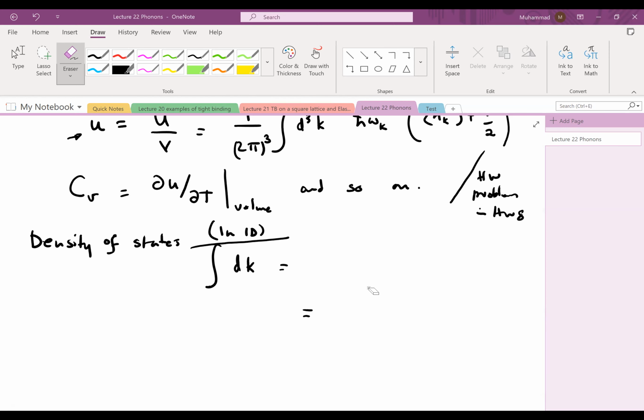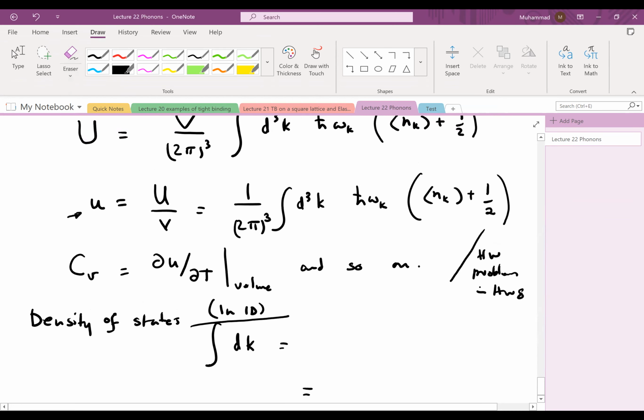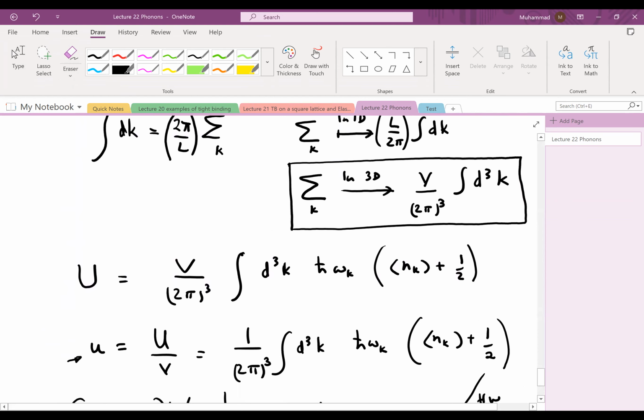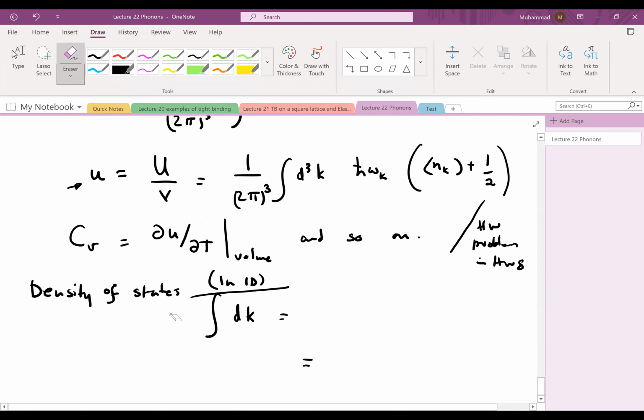If I were to integrate over dk's, and I'm in 1 dimension, I put the prefactor L over 2 pi. This is mode counting.